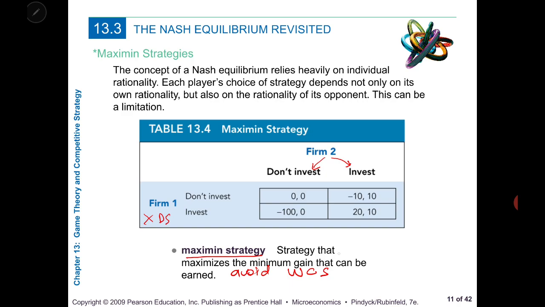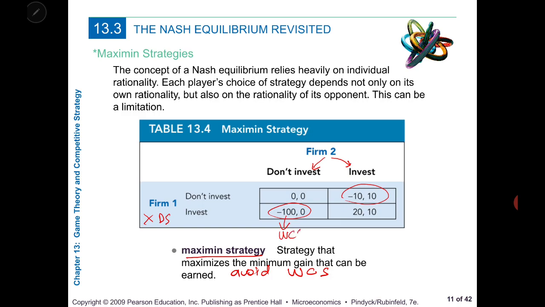So you try to avoid the worst case scenario. If they don't invest, your worst case will be negative 100. If they invest, your worst case will be -10. So between the two, which do you want to avoid? You want to avoid this one.